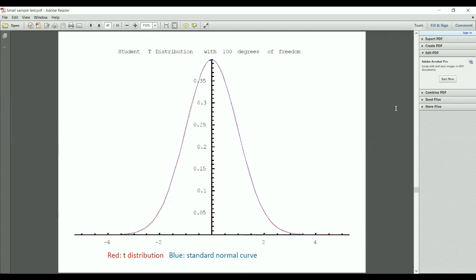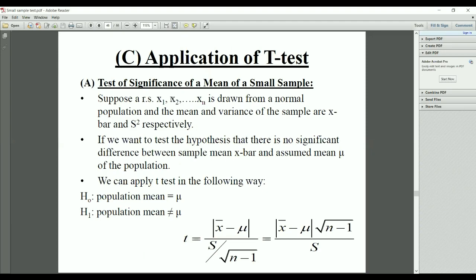Now, application of the t-test: the test of significance of a sample mean. If you want to test the hypothesis that there is no significant difference between the sample mean and the assumed population mean mu, we can apply the t-test in the following way.